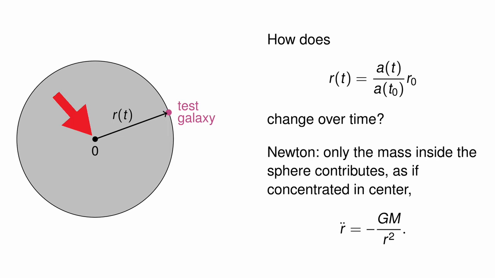So now that we go to this very small region, here is our origin. This is where we are. Now within this region we have a test galaxy. So how does the distance here called R of t, which again depends on the scale factor, how does that change over time? And we've seen that it's perfectly valid to make a Newtonian calculation, and Newtonian gravity makes these things very simple. We are in a homogeneous isotropic universe.